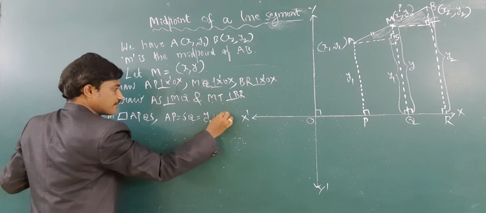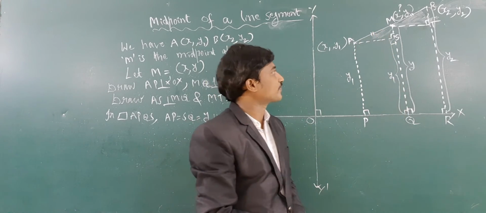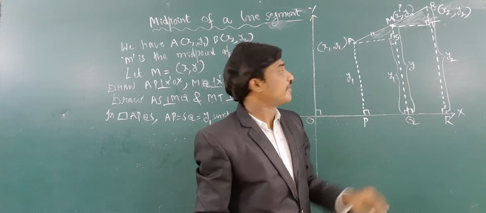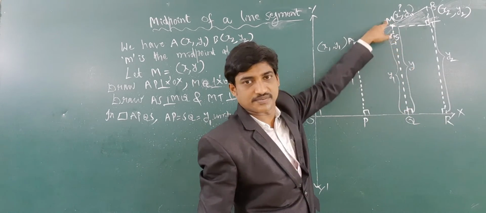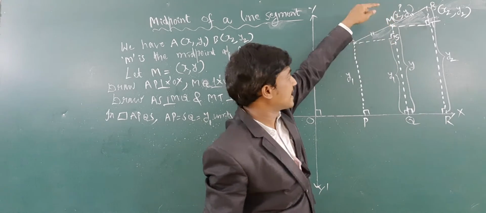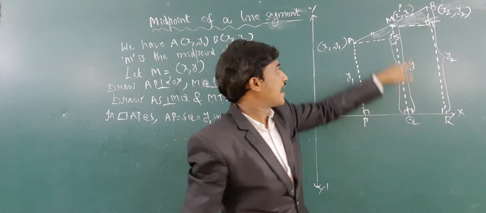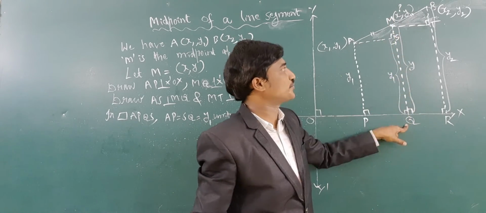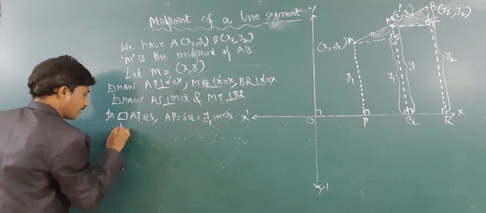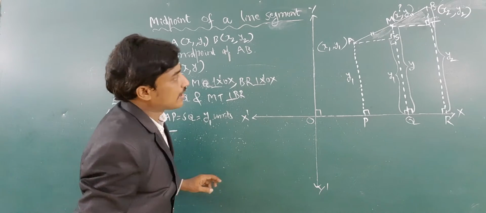As SQ is y1 units and MQ is y units, we can write MS as MQ minus SQ.